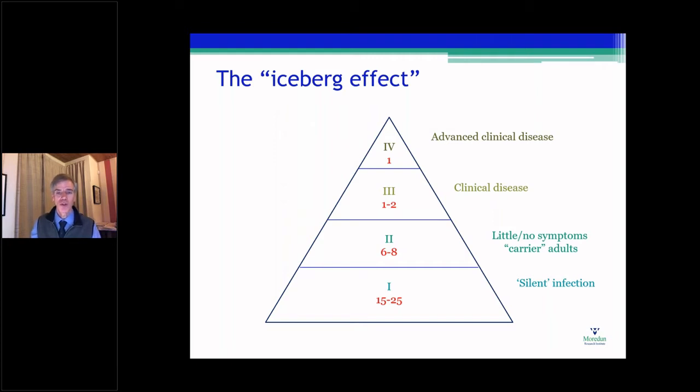If you get one or two of those, if you look down into the silent infections where there are no clinical signs, you could get up to 15 to 25 sheep within your flock that would be silently infected from just one or two that you might see as clinical disease.